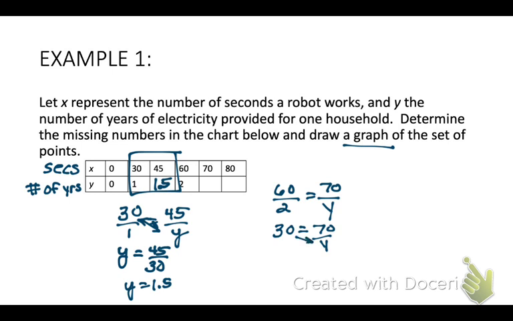Do a little flipperoo. So I can do that with my rules of proportion. So I get y is equal to 70 over 30. Is that 2 1/3? Yeah. So 2.3.